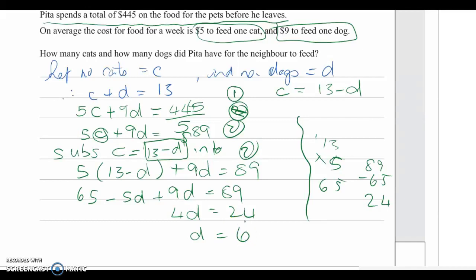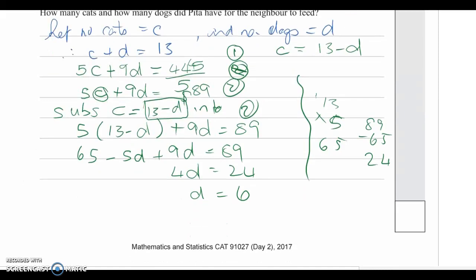So there's 6 dogs. I haven't finished yet though. I need to find out the number of cats, and I know that cats plus the number of dogs equals 13. So I'm going to substitute that into my original equation. So the number of cats equals 7.